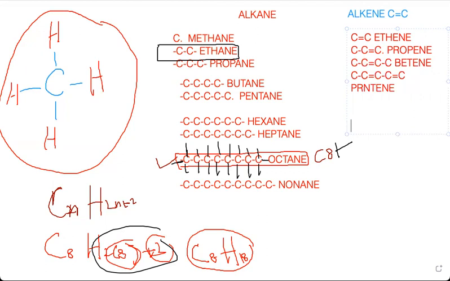At that time, we have to discuss if there are 2 double bonds in pentane, or only 1 double bond in pentane, and what will be the difference here. We have to discuss that after this.